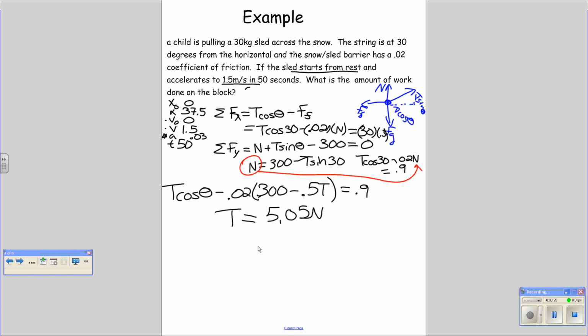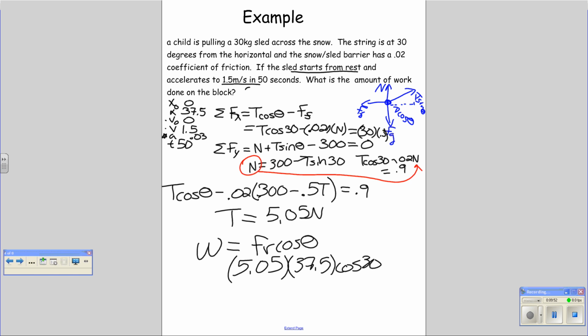So, work equals F R cosine theta. So 5.05 times R. It moved, what did we say, 37.5? We found that before.